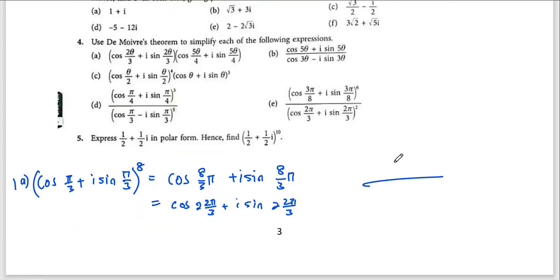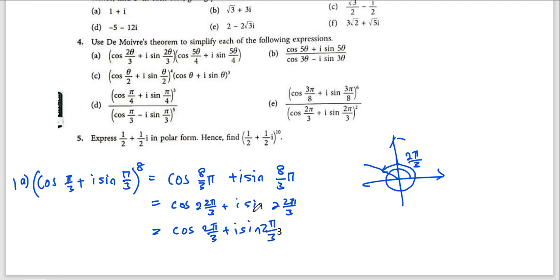Okay, you can draw a sketch like this. 2 pi, and here this is 2 pi over 3, right? So you can write here equals to cos 2 pi over 3 plus i sin 2 pi over 3.